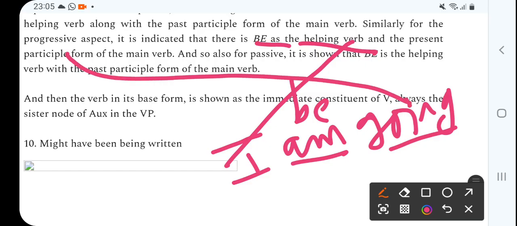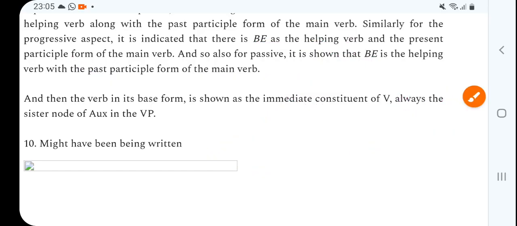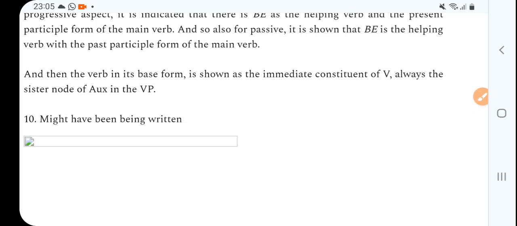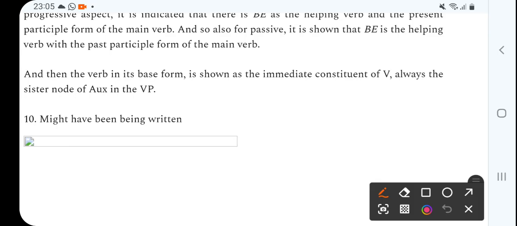And also for the passive, it is shown that be is the helping verb with the past participle form of the main verb, that is, have been being written, that is past participle.